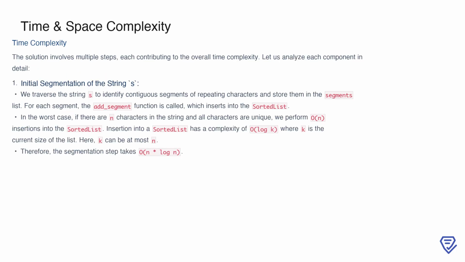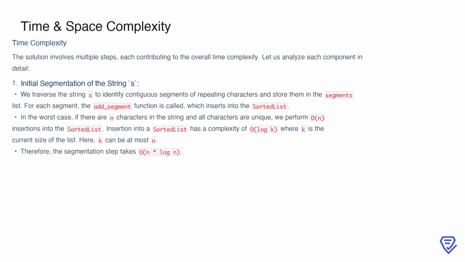Here, we begin by analyzing the time complexity of our solution. The first step involves segmenting the string S into contiguous groups of repeating characters. To do this, we traverse the string once, identifying these segments and storing them in a segments list. During this process, we repeatedly call the add_segment function, which inserts each segment into a sorted list.